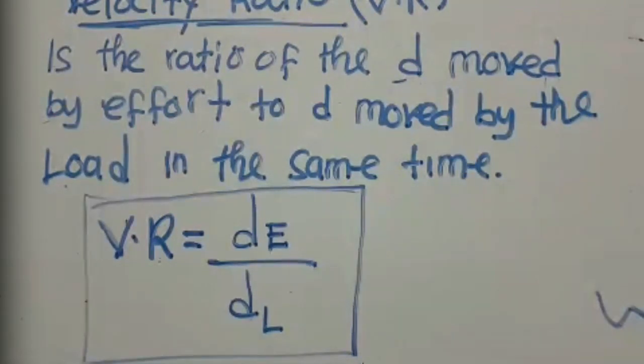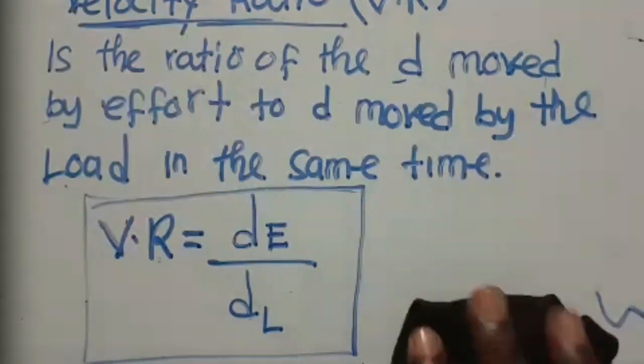Okay, so let us now proceed and look at other things. I believe you are able to write these notes. I go slow so that I give you time to write and understand them clearly. Let us now look at another thing.